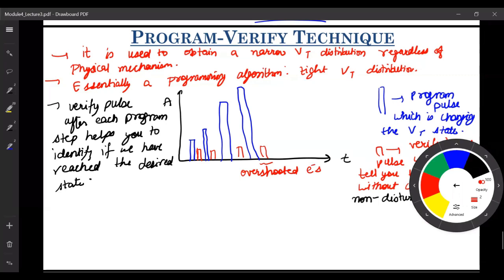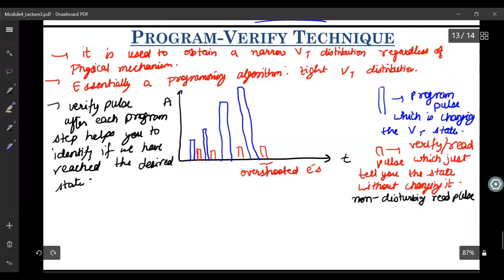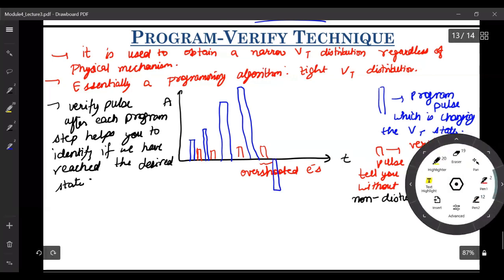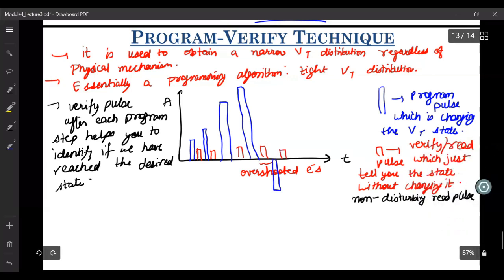So in that case, we'll apply a pulse to erase it, and then we'll again verify if we have reached the particular desired value or not. So just by having a sequence of program verify, erase verify kind of technique, you verify after each pulse which is changing the VT states.